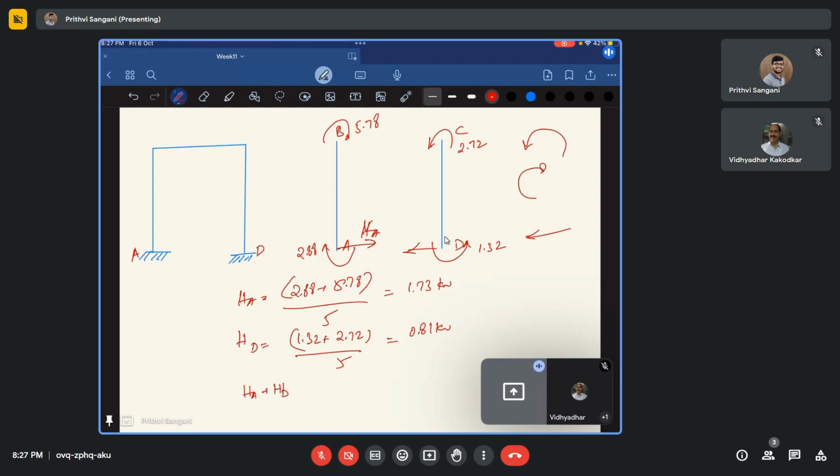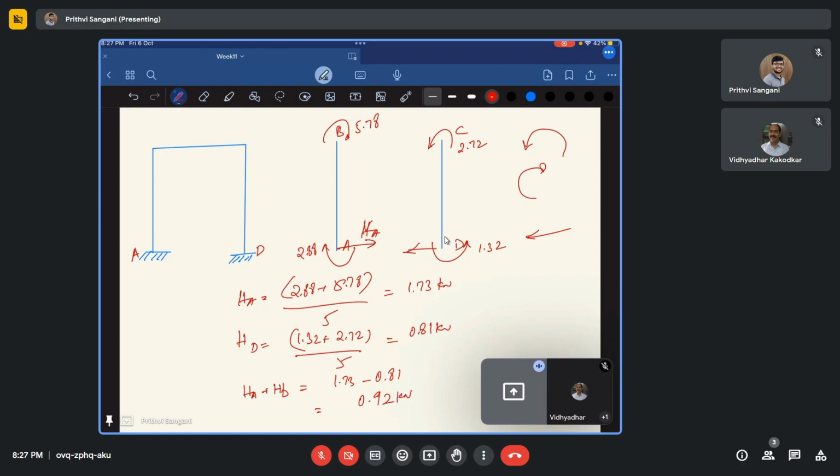It is 1.73 minus 0.81, because HA is towards the right and HD is towards the left. So this is going to be 0.92 kilonewtons.